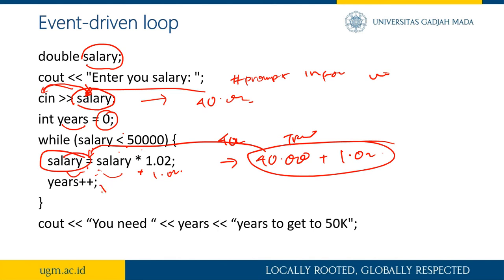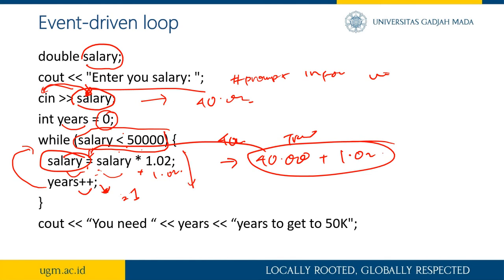And then we increase the years, from 0, so we do the post increment, so it becomes 1. And then next I will repeat it again until my salary reaches 50,000.